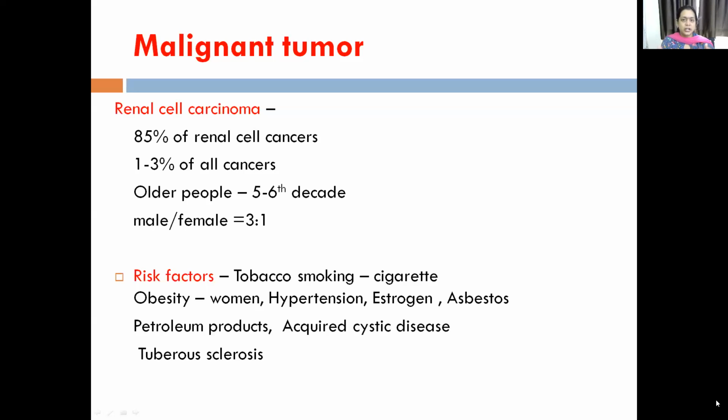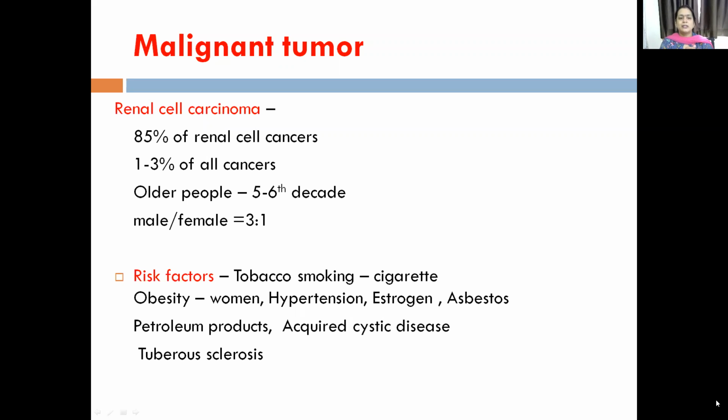because you know that the renal parenchyma is associated with a lot of metabolic and excretory functions. So whenever there is a tumor, what happens? It can cause hypertension, it can cause polycythemia, it can cause anemia, it can cause a lot of things which can mimic a normal disease.